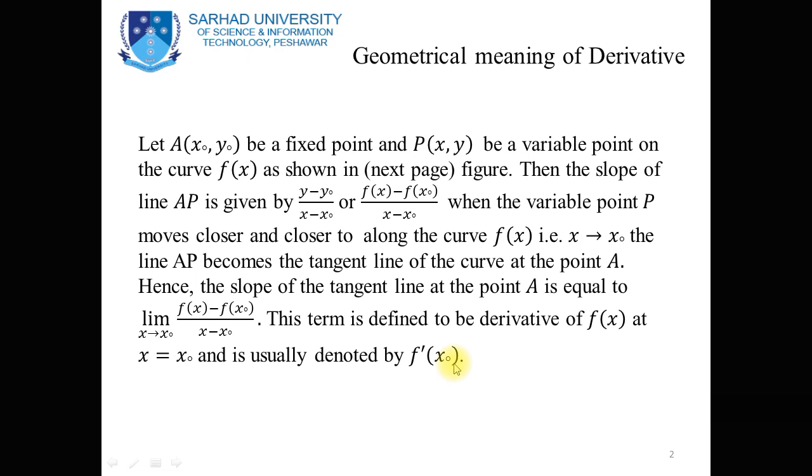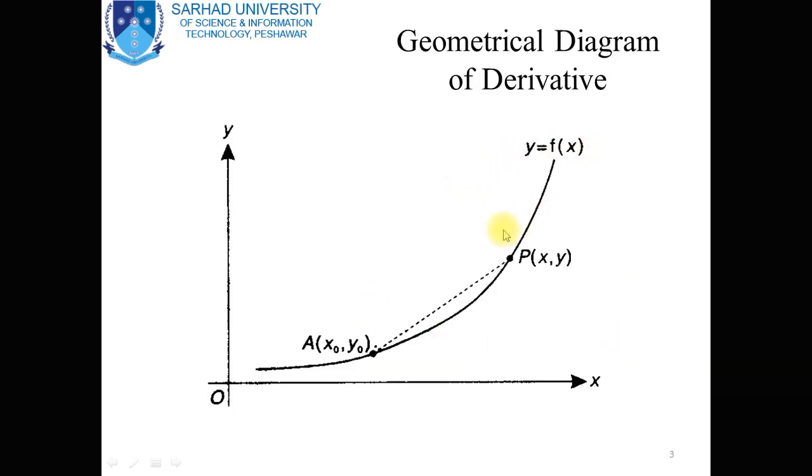So dear students, you see over here, this is the geometrical diagram of derivative. This is the curve of the given function y is equal to f of x, this is the fixed point A, this is the variable point P, and this line AP is the tangent line.